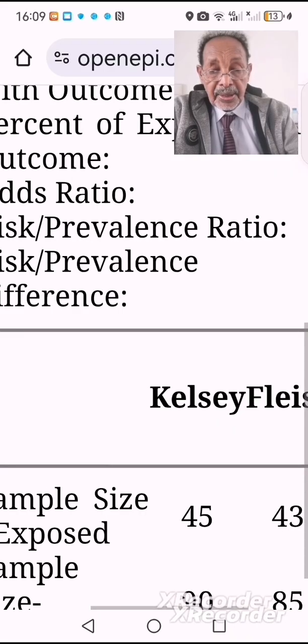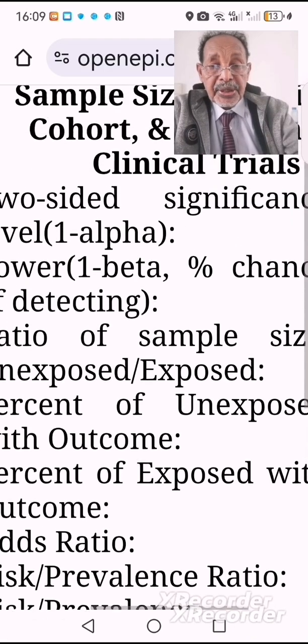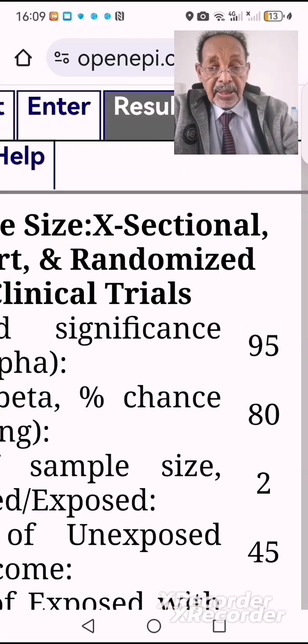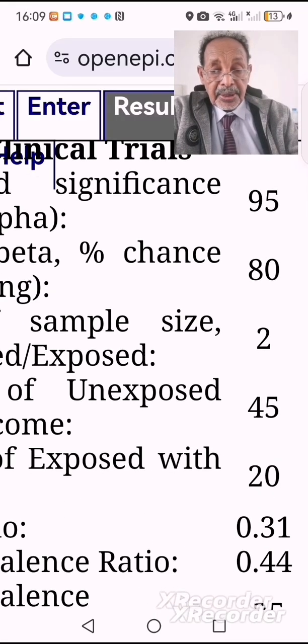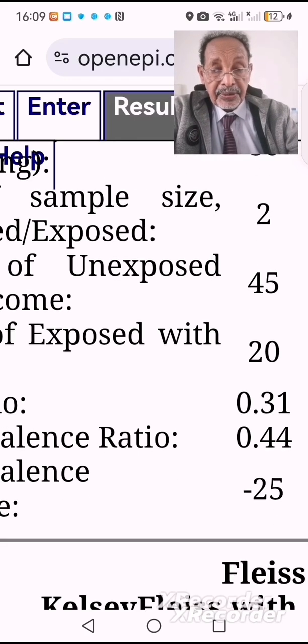Here is the calculation with the same parameters. The confidence interval 95%, 80% power, the groups with a ratio of 2:1, and the normal dressing unexposed is 45, and we set the exposure for the negative pressure therapy as suggested.